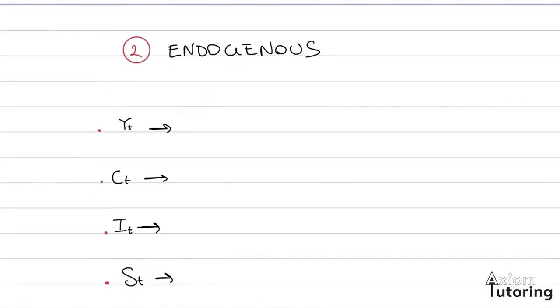Then we are going to look at our endogenous variables as well. And what endogenous means is that we are looking at variables that are actually calculated within the model. So now it's not anything that is going to be given to us anymore, but something that we are going to look for.